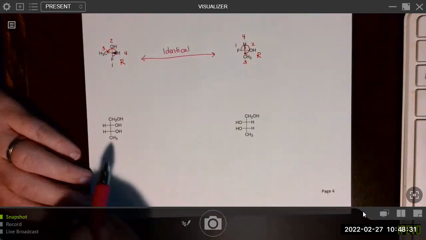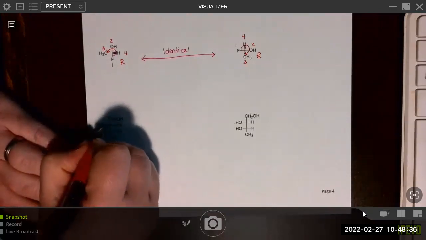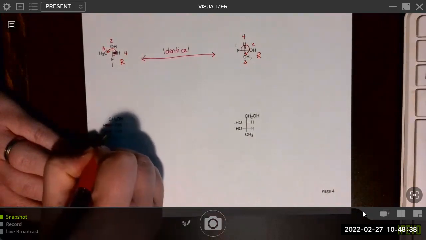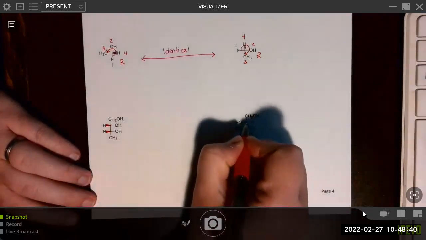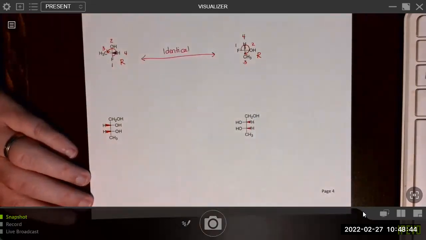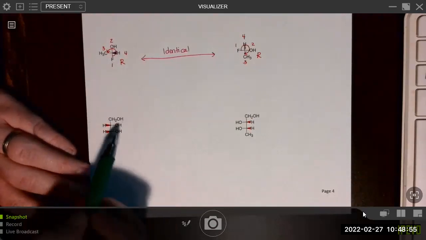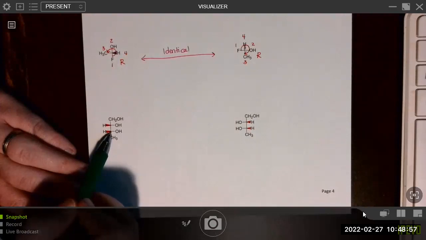All right, so moving on to this one. Again, it's that hydrogen group. It's either coming out at you or going back. And in all cases, it's on the horizontal, so it's coming out, which will mean clockwise is really going to be S, counterclockwise will be R. So in terms of the priority groups, it's going to be oxygen, and then this carbon.